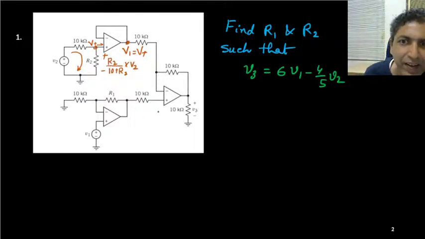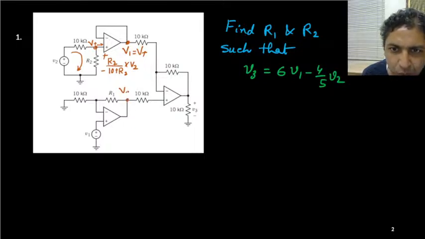And then from this side, what is the potential at this point? If I call it V2, this potential will be simply a non-inverting amplifier.